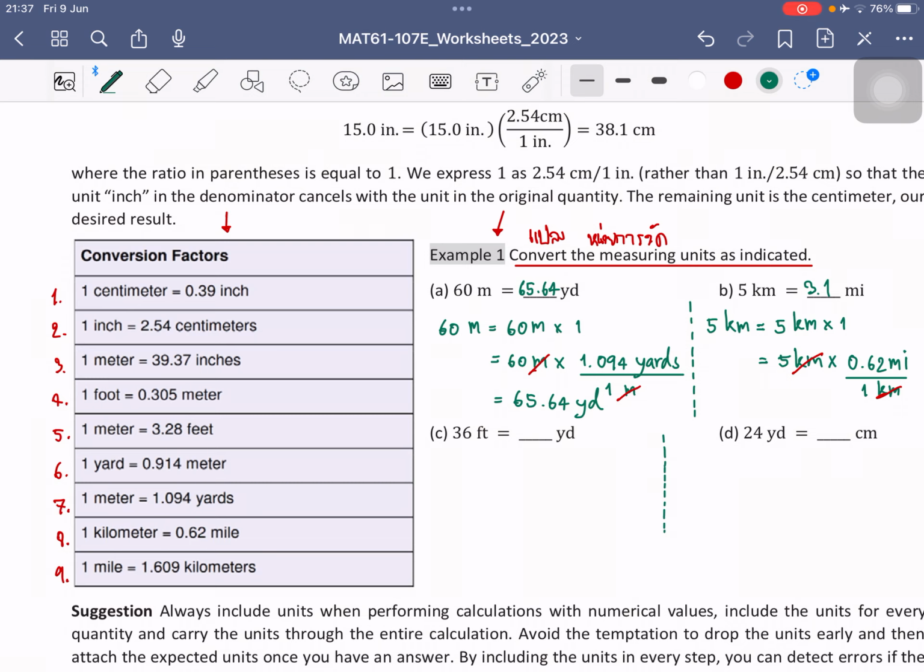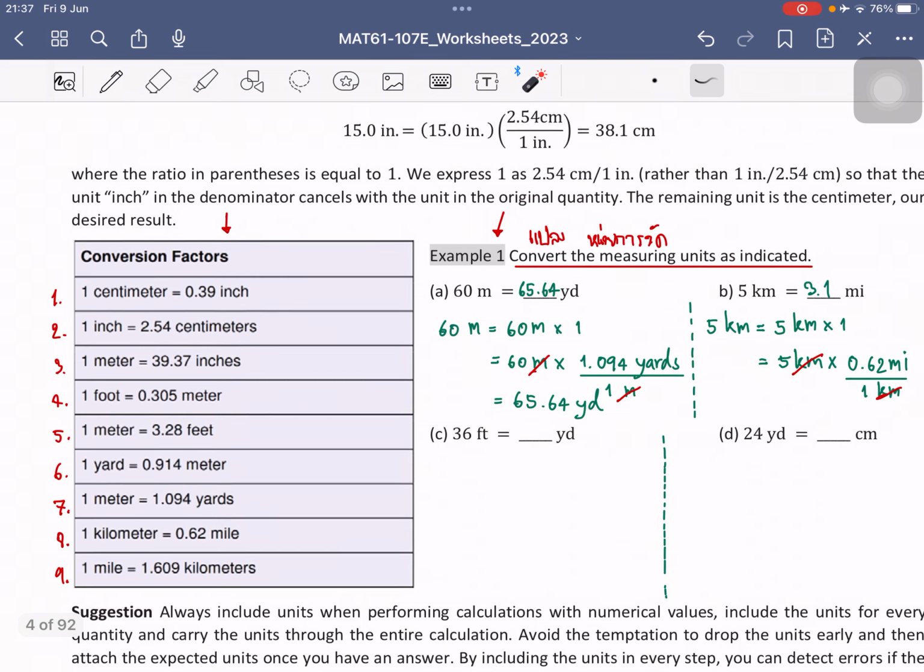Okay, understand? Just slowly, I'm not in a hurry. For C, you have to change the unit from feet to yard. Which one are you going to use?